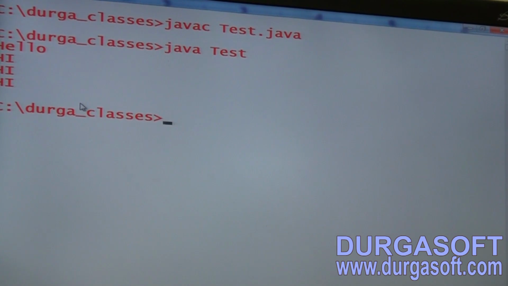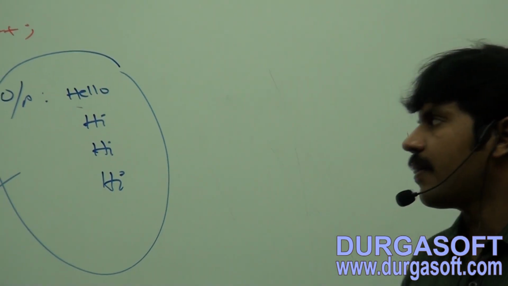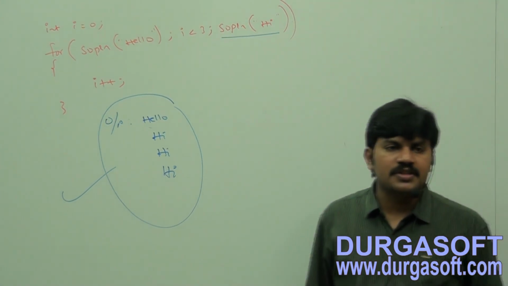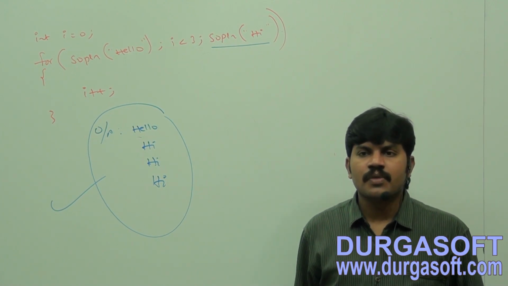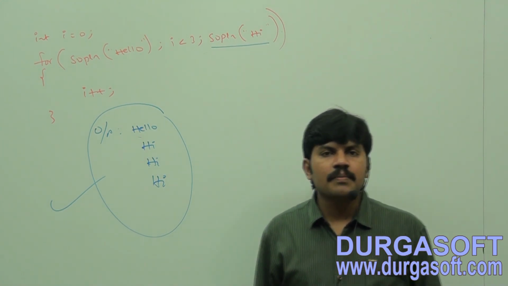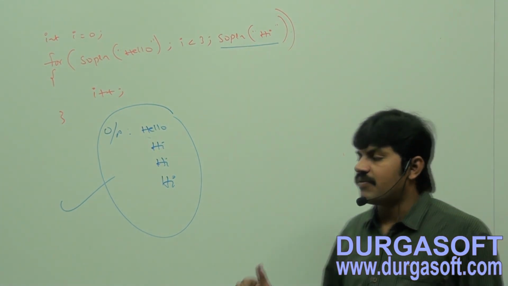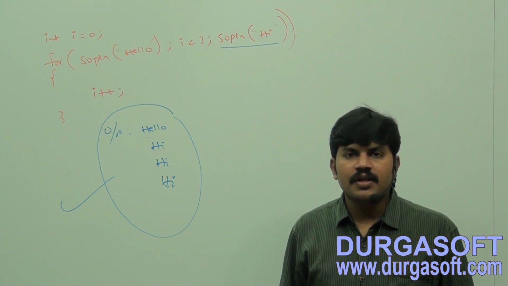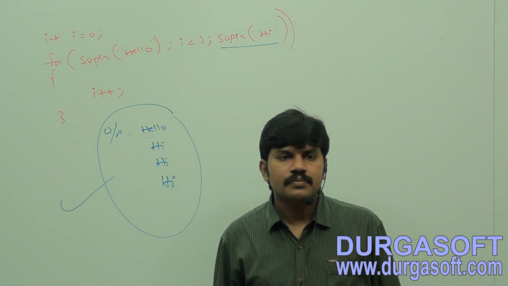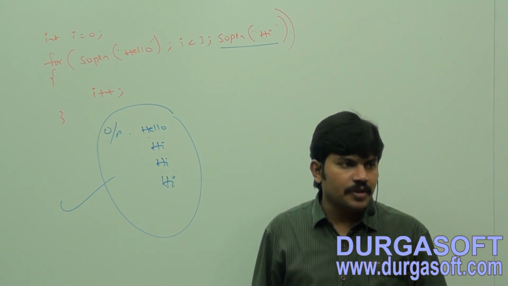Regarding the increment or decrement section, we can take any valid Java statement including an SOP statement, no problem at all. In the increment or decrement section, we can take any valid Java statement including SOP. Okay, that's all.